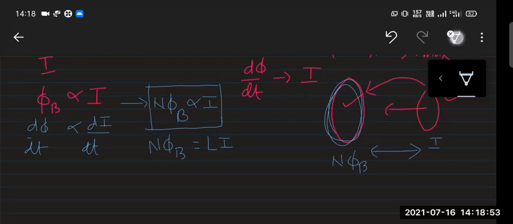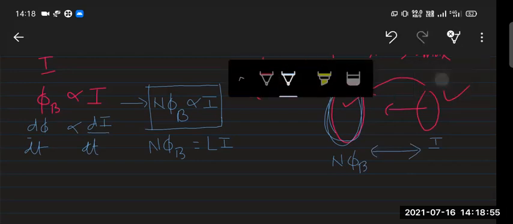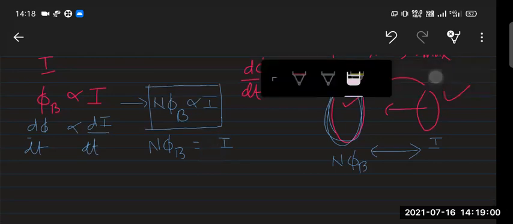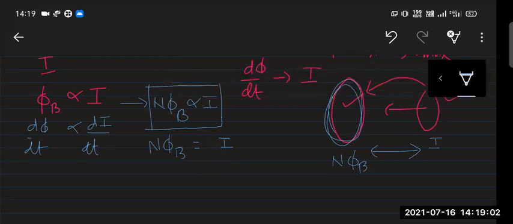I will use the symbol M, that is mutual inductance. M is the proportionality constant, and this is actually called inductance.